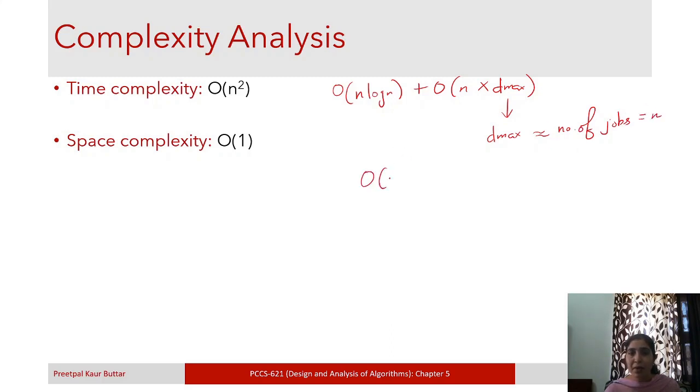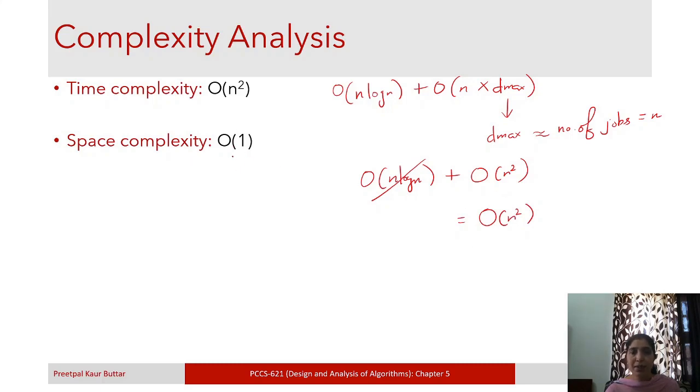So it becomes order of n log n plus order of n square. And out of these two, we can ignore this term because it is smaller. So we are left with this, which is the time complexity of the job sequencing problem's greedy algorithm.